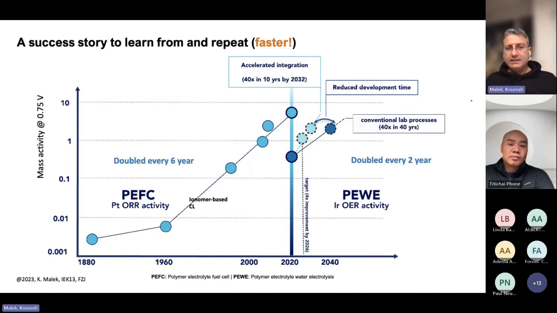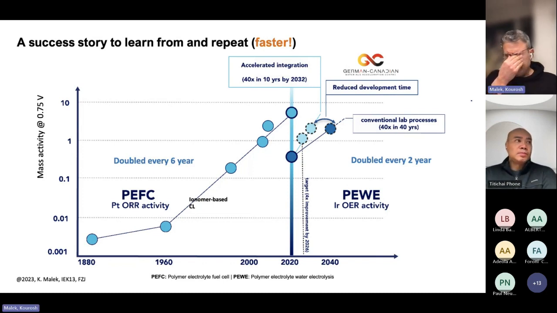If you want to go from doubling of this mass activity every 6 years to doubling it every 2 years to accelerate, so that by 2030, around that time, we're getting into the target, that's where essentially the acceleration is required. And the project that we're doing with colleagues in Germany and Canada is called the German Canadian Materials Acceleration Center, and it is looking into that acceleration from different aspects.